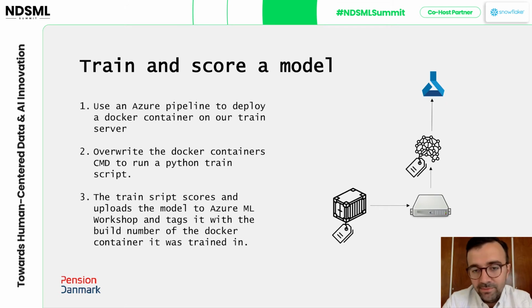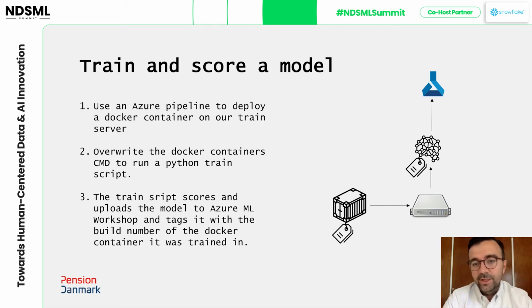So the way we train models is that we use a pipeline in Azure to deploy a specific Docker container onto our dedicated train server. Now, for weekly retrainings, this could just be the Docker container that is currently running in production, because that's the model that you want to retrain.